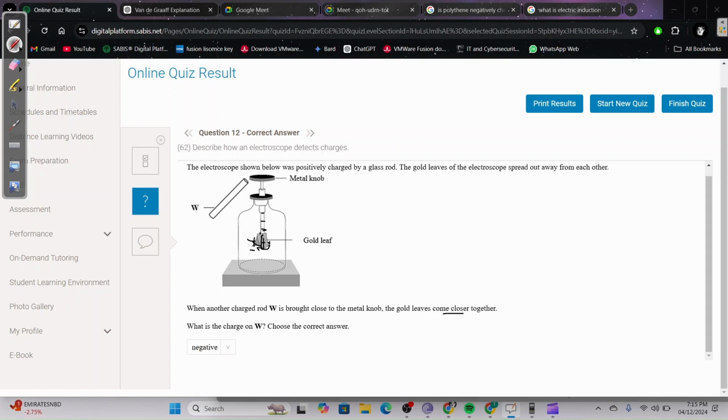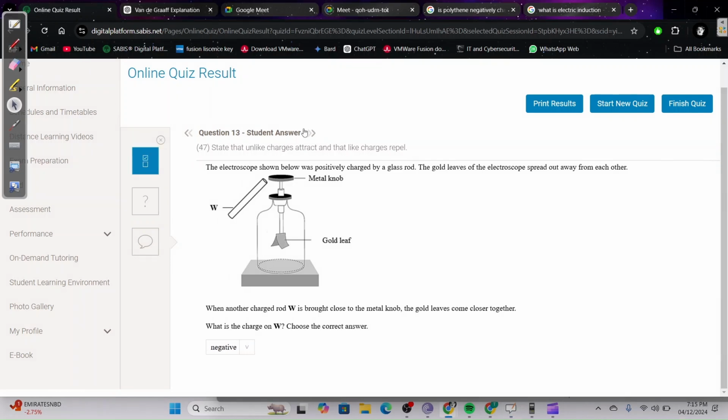This moved here, and this one moved there. This is a bit messy, let me just clear it up. So this was positive. This moved to the tube's direction, and this moved also to the tube's direction. So they got closer together because they're both positive, and there's negative here because it's attracting, right? It's moving closer, so it's attracting. So this must mean that this rod is negatively charged. So the charge on W is negative.